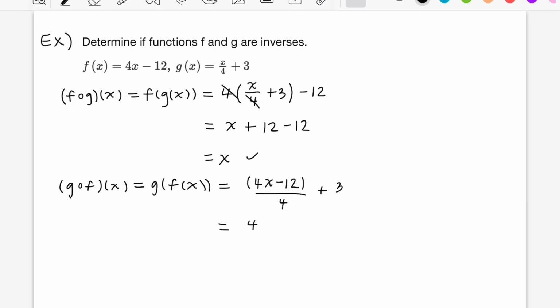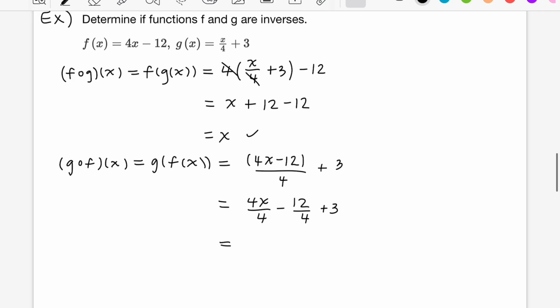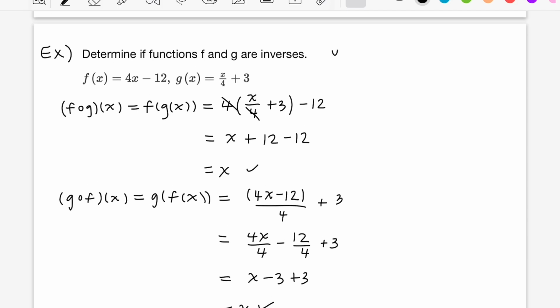This is equal to 4x over 4 minus 12 over 4 plus 3. So here we get x minus 3 plus 3, and we get x back. So this tells us that yes, f and g are inverses.